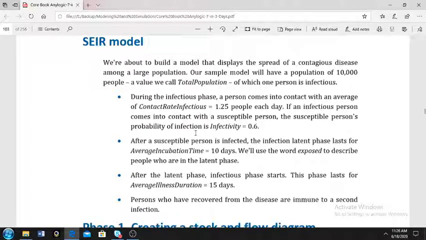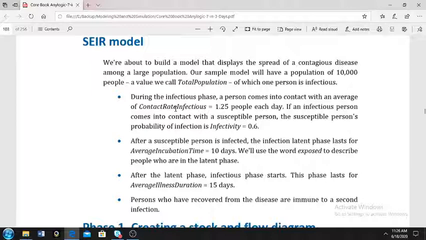So here we have a flow, a rate, which we call contact rate.